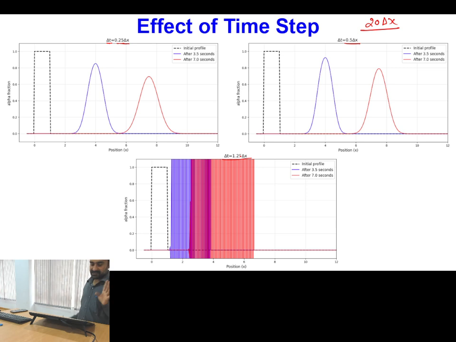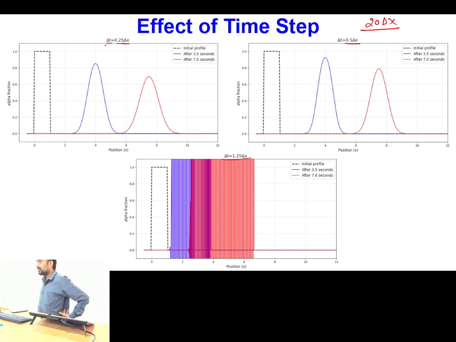So in the first one, the time step is very small, and normally our tendency is that the smaller the time step, the more accurate or more stable the solution will be. Typically that always comes to our mind.